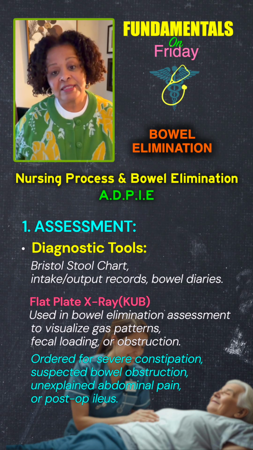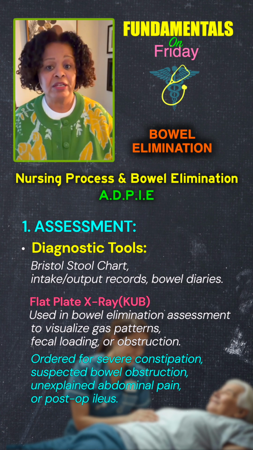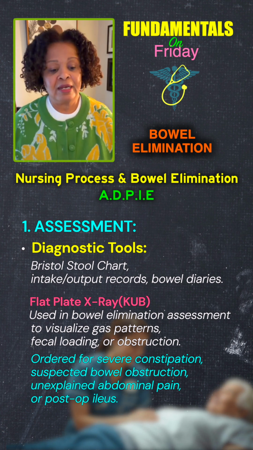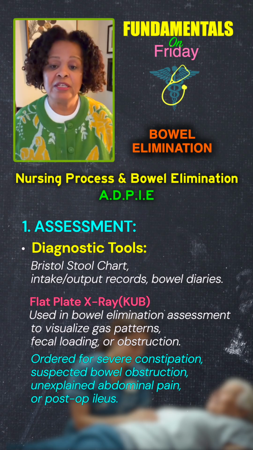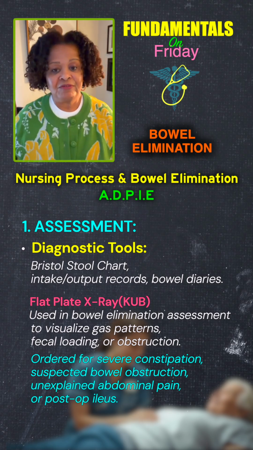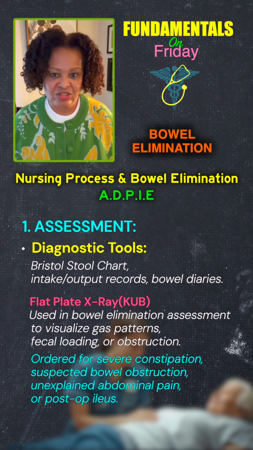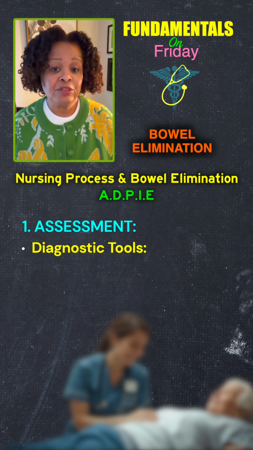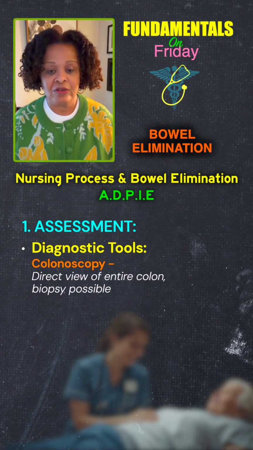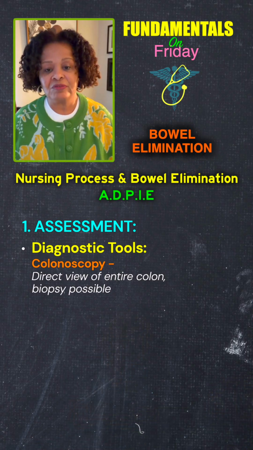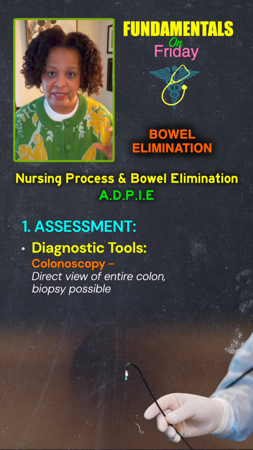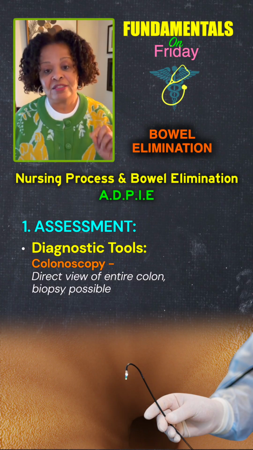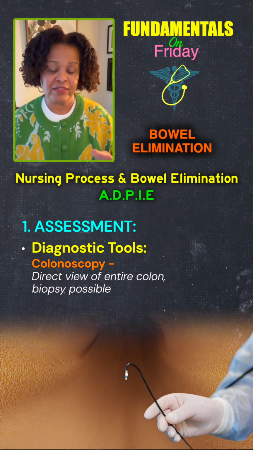There are other diagnostic tests that we can do, including a flat plate x-ray, where a person has radiography that determines if there's, say, impaction or constipation, a lot of stool sitting in the colon. The best way of doing it is direct visualization of the colon, where you take a scope and insert it into the rectum.